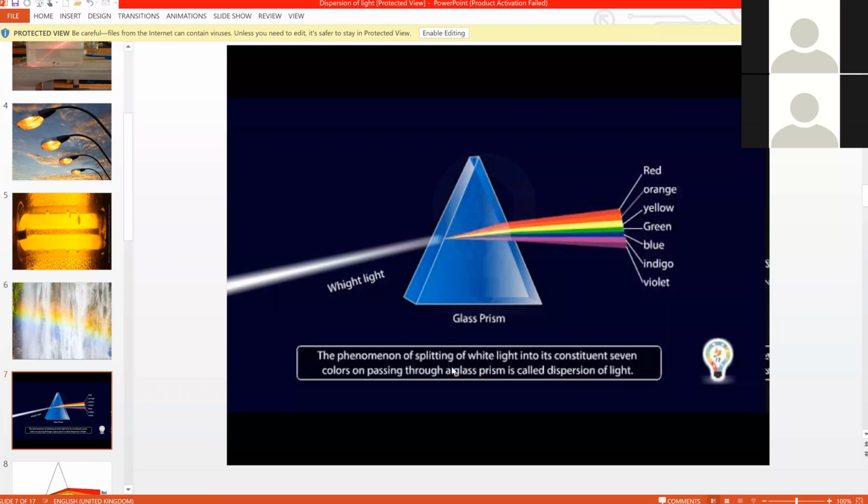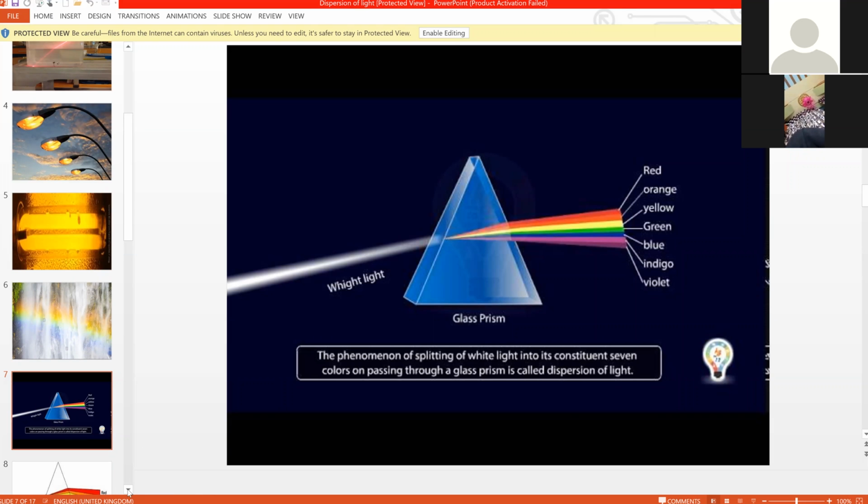So if the length of the ray coming from the light source is small, it gets refracted quickly. If the light ray is long, compared to shorter wavelengths, longer wavelengths get refracted slowly. That is the point it is speaking about.